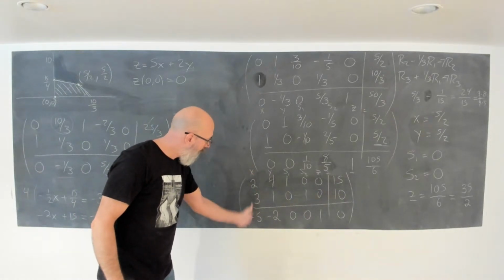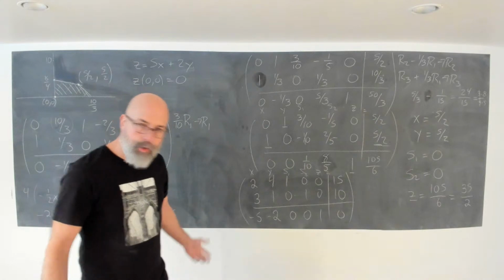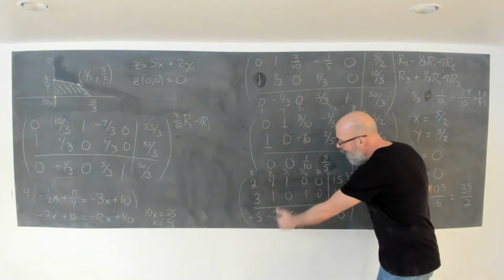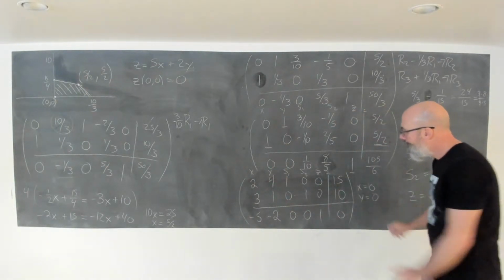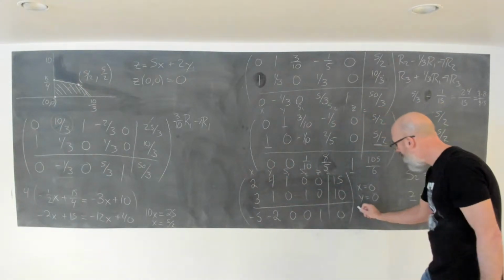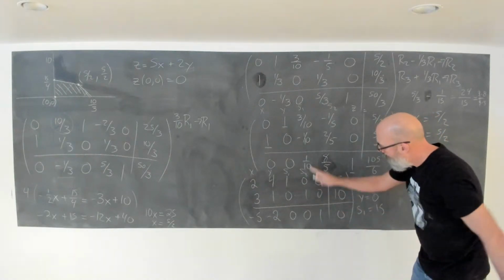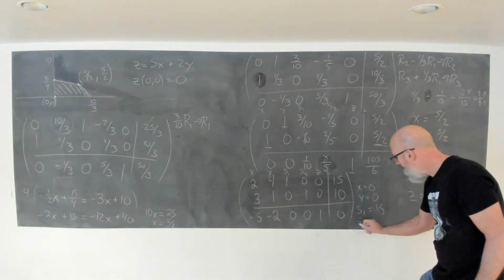So suppose that you read this off as we read that one off. X doesn't have a leading one, so x is 0. Y does not have a leading one, so y is 0. S1 has a leading one, S1 is 15. S2 has a leading one, S2 is 10.